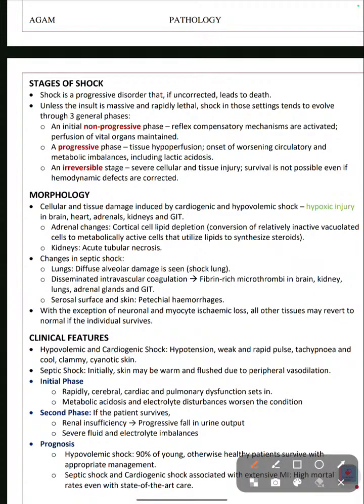With the exception of neuronal and myocytic ischemic loss, all other tissues may revert to normal if the individual survives. But if there is injury to the nerves or the myocytes, then it's not possible.